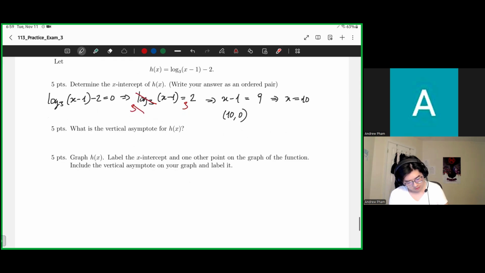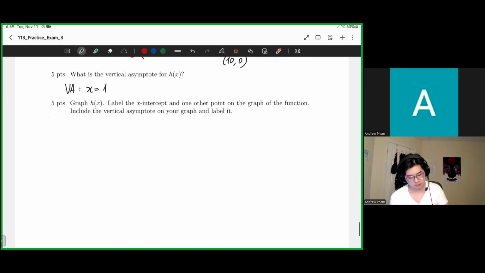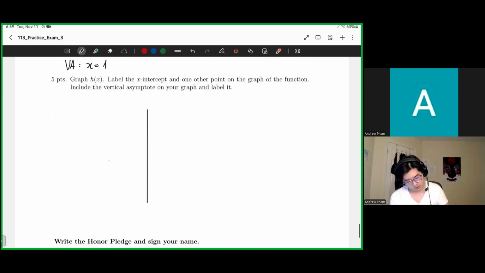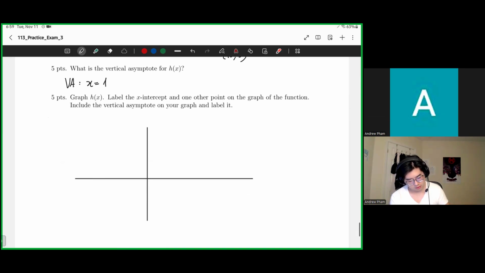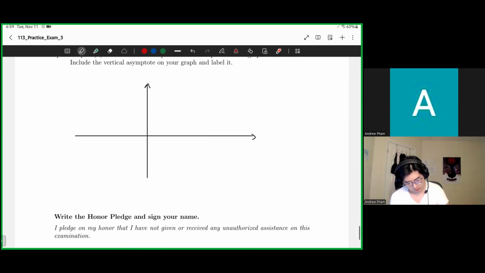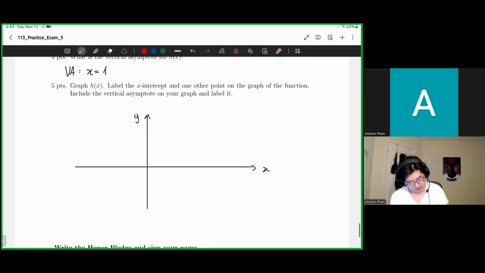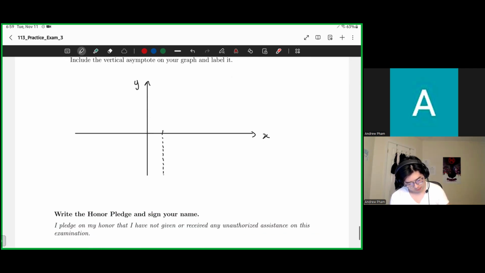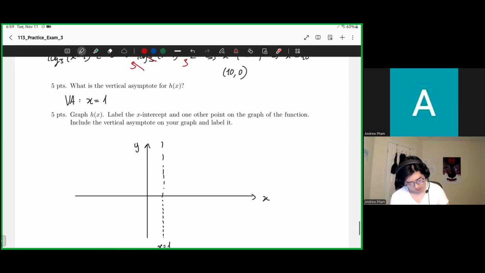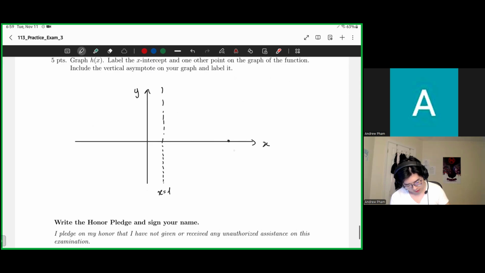My vertical asymptote is given by the horizontal displacement. I'm moving right 1 unit, so my vertical asymptote is going to be x equals 1. And so to graph this, I plot my axes, I label my axes, I label my vertical asymptote at x equals 1, and my x-intercept at 10, 0.